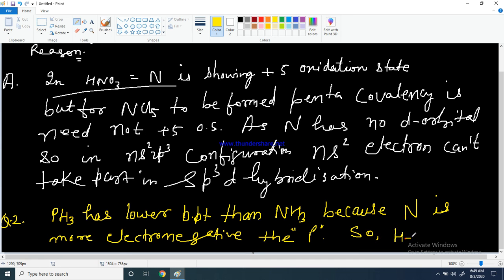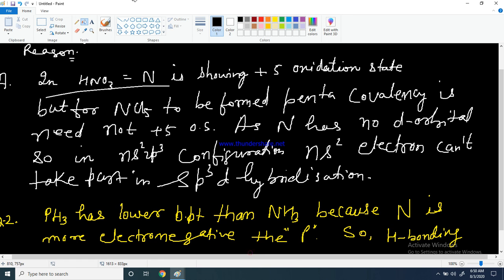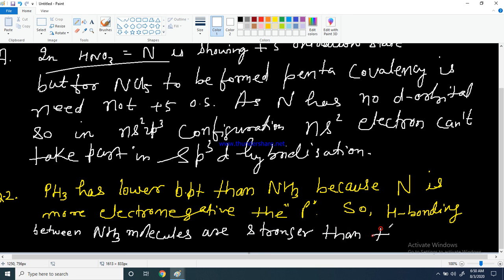So hydrogen bonding between NH3 molecules is stronger than that of PH3 molecules.